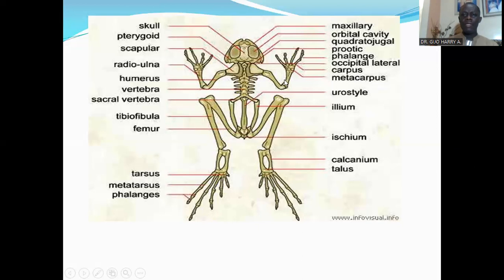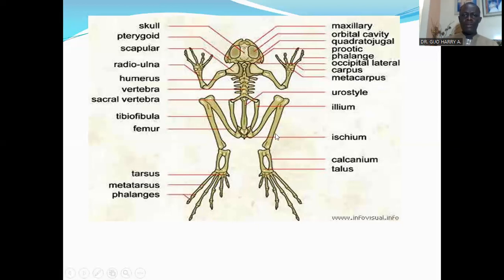We also have the phalanges, common to birds and mammals, found in the skeletal system of the amphibians. We had earlier established that the amphibians have 4-digit forelimbs and 5-digit hind limbs, so the digits in their forelimbs are 4 instead of the 5 found in mammals. We also see that the ilium is not as it is in reptiles, birds, and mammals; it's separated into 2 bones that are connected to the sacral vertebrae.